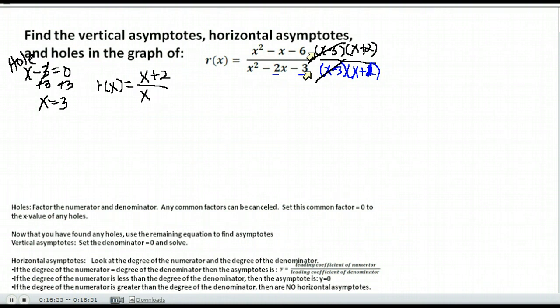That's what we're going to use to find the y coordinate of our hole and any other asymptotes. So x is 3, we plug that in. Our y value then would be 3 plus 2 over 3 plus 1, or 5/4. So the point where the hole is located is the point (3, 5/4).